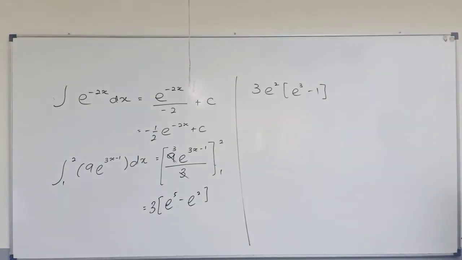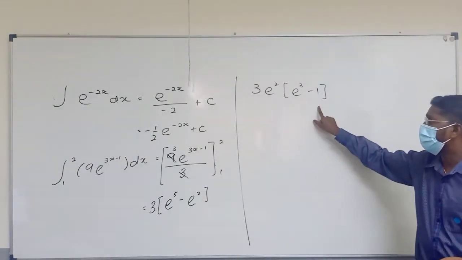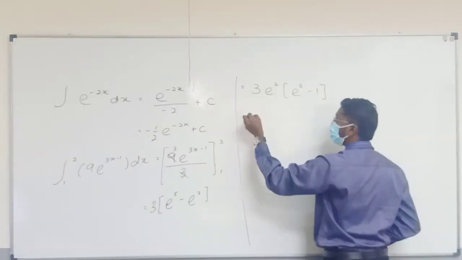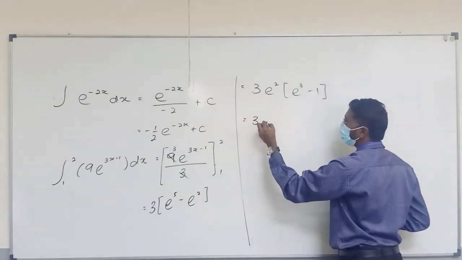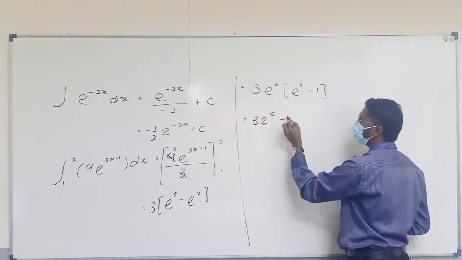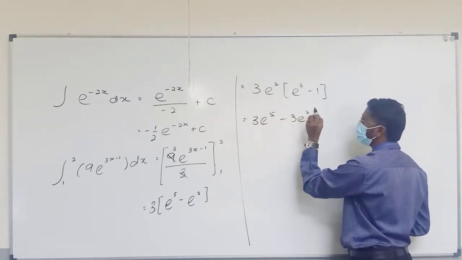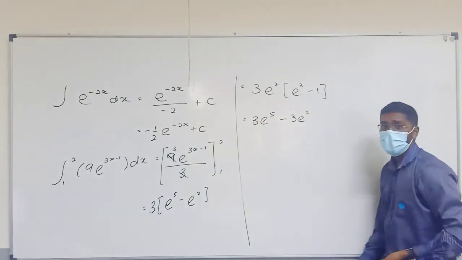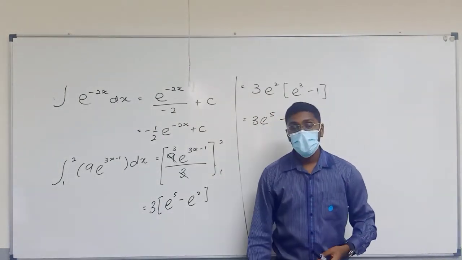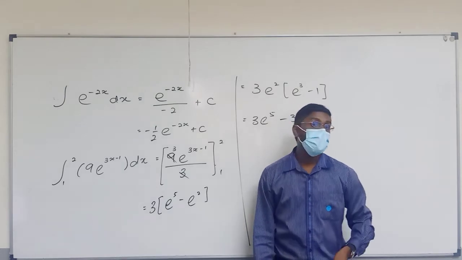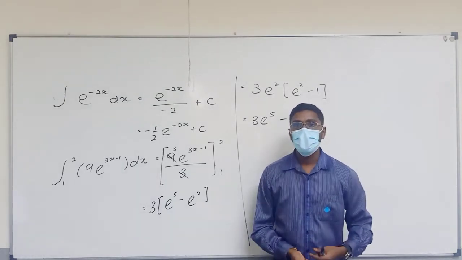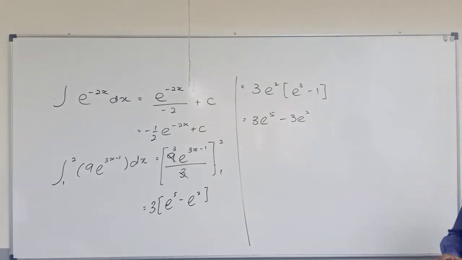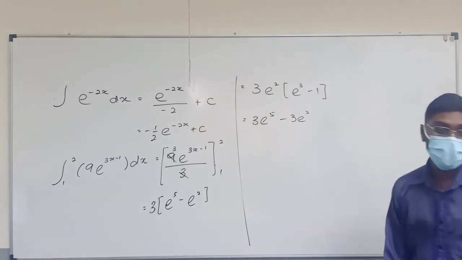Or you can multiply inside and write 3e^5 minus 3e^2. You can leave your answer like this, or like this, it doesn't matter. If you want an exact form, leave it; if you want to calculate, you can calculate to 3 significant figures or accordingly. So this will be the first type of integration that we look at today.